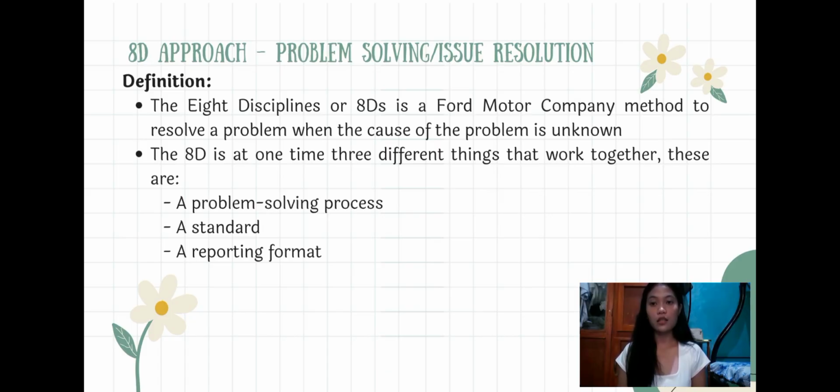Next is a standard: it gives everyone a common method to follow so that problem solving is consistent. Last is a report format. It provides a clear and organized way to record what was done and how the problem was solved.